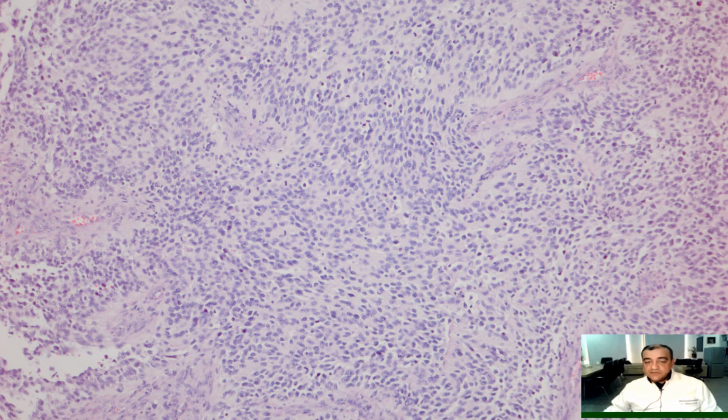Let's go to our case of rhabdomyosarcoma. This is the picture of a solid alveolar rhabdomyosarcoma from the soft tissue taken from a 9-year-old female patient with a pelvic mass.